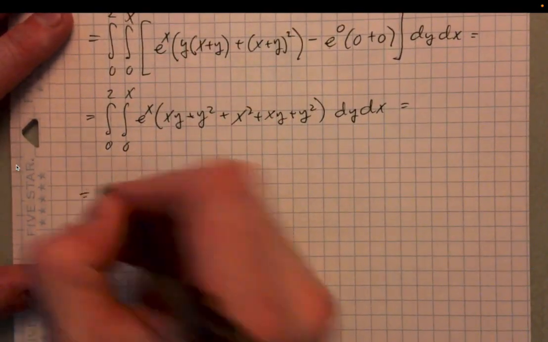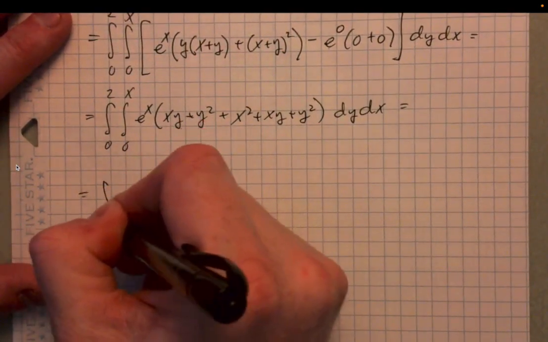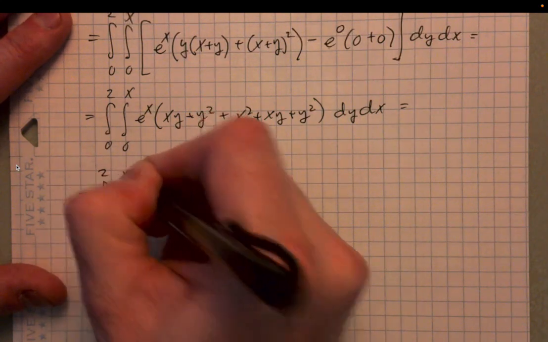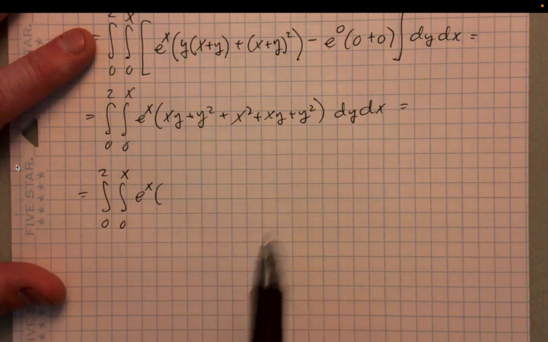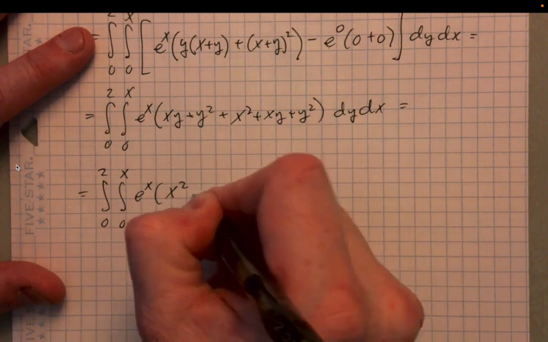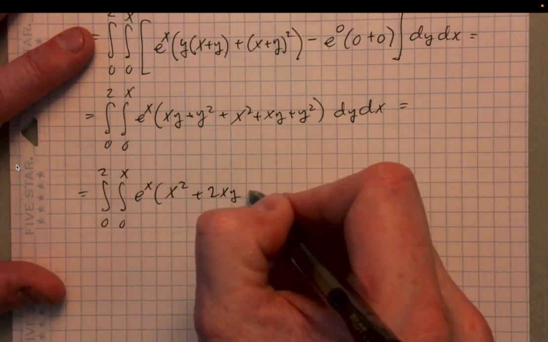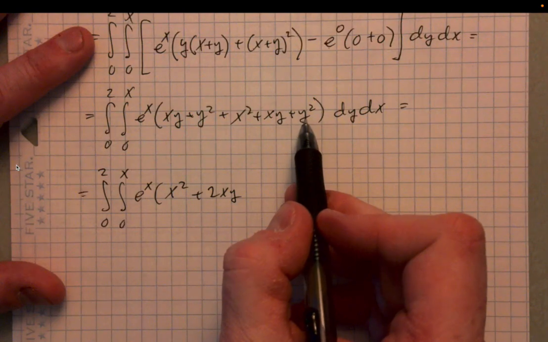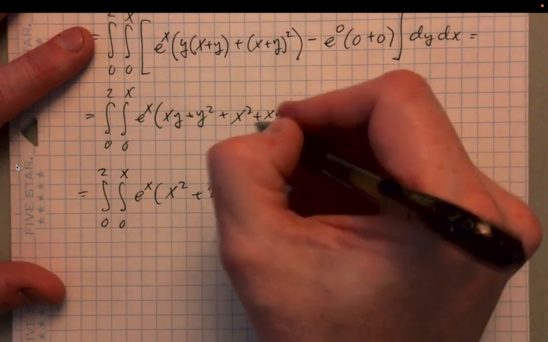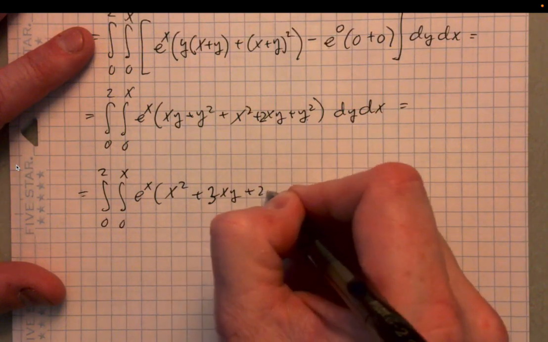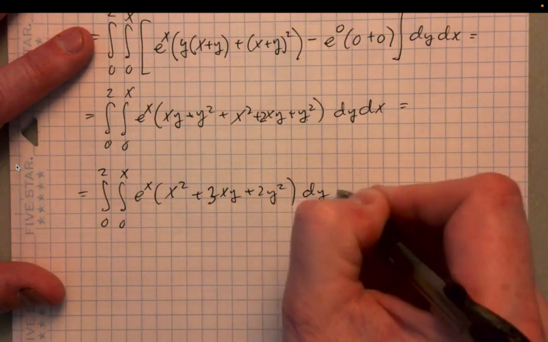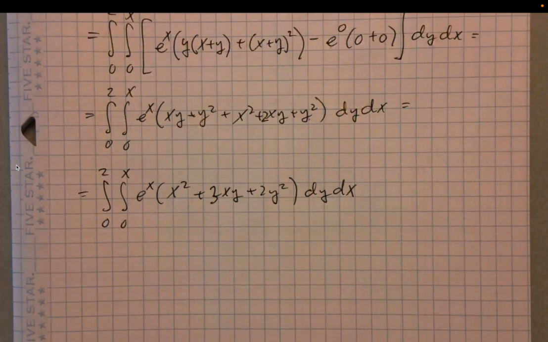All right, let's combine some of these terms just to make sure that everything is cleaned up before we proceed. So what do we get here? X squared plus 2xy plus, oh sorry, that should have been a 2, so it should be 3xy plus 2y squared. There we go. Looks good.